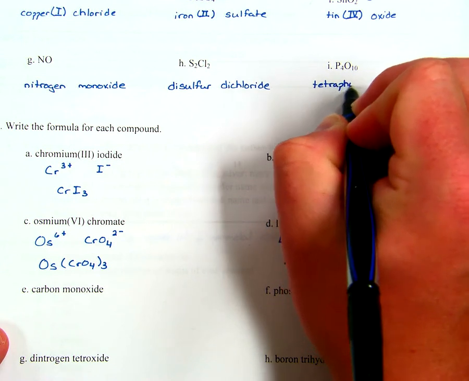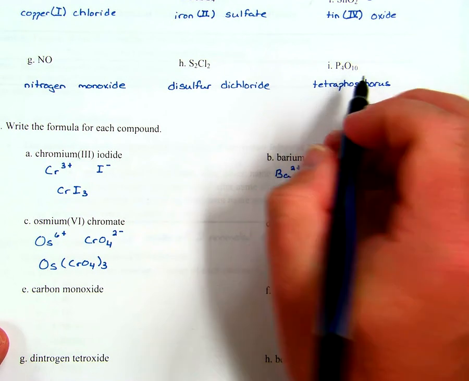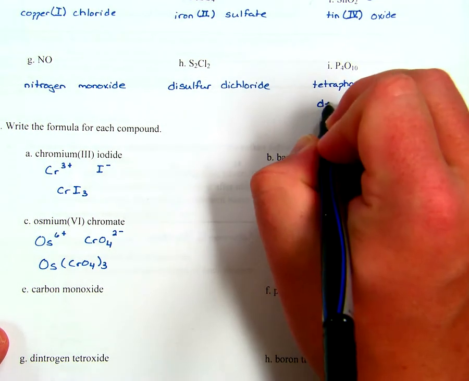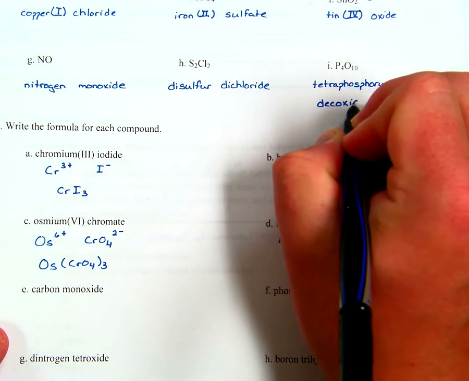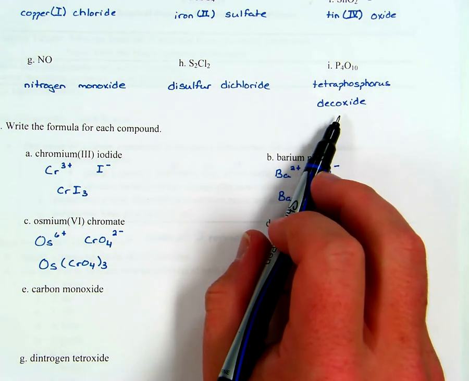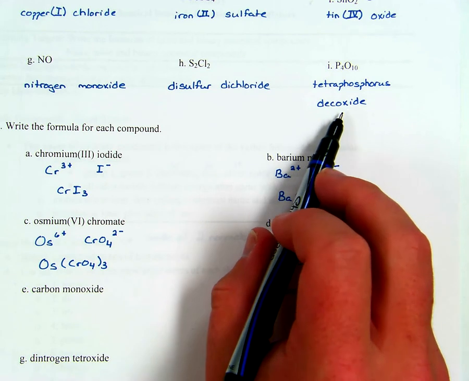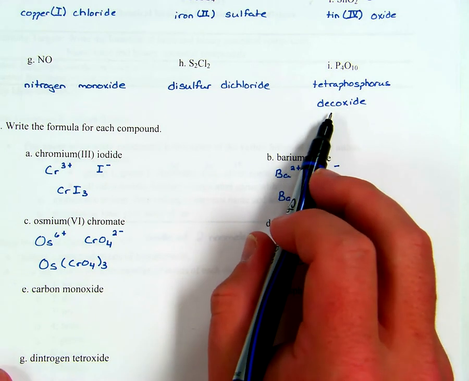And then the prefix for 10 is deca, so it would be decoxide. You can see sometimes we'll drop the last letter, the last vowel in those prefixes if the element name also starts with a vowel, so you don't have those 2 vowels next to each other.